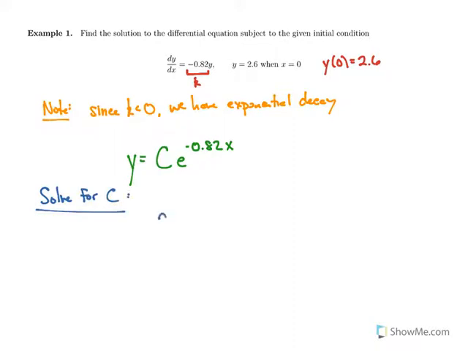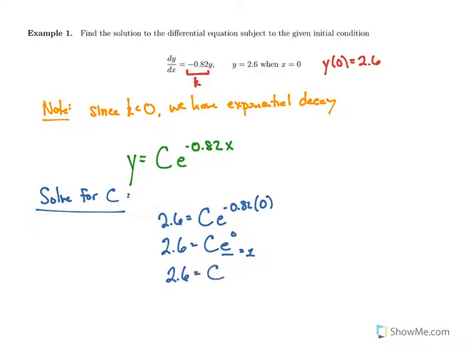So we plug in y equals 2.6 and x equals 0. This gives us 2.6 equals c e to the 0. e to the 0 is just 1, so 2.6 equals c. So our solution here is y equals 2.6 e to the negative 0.82x.